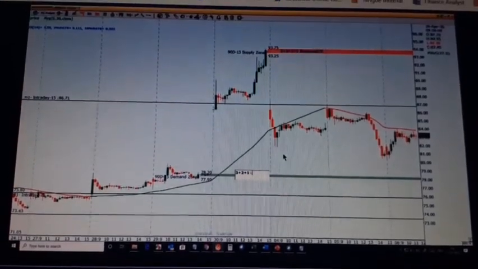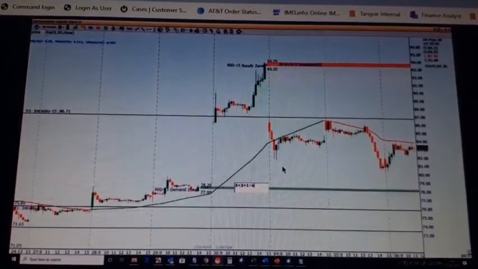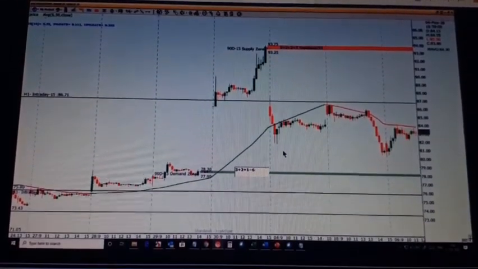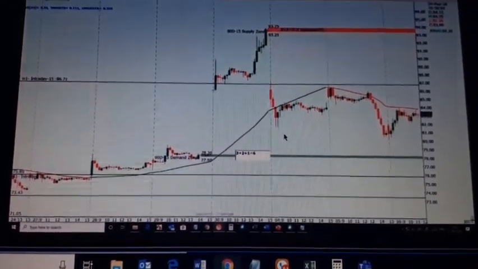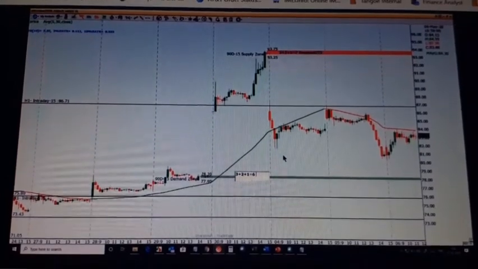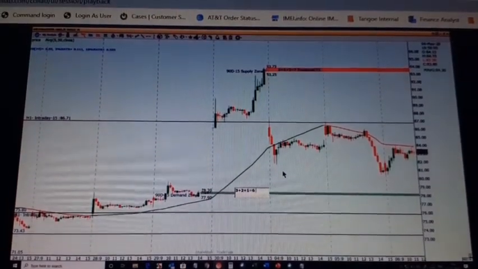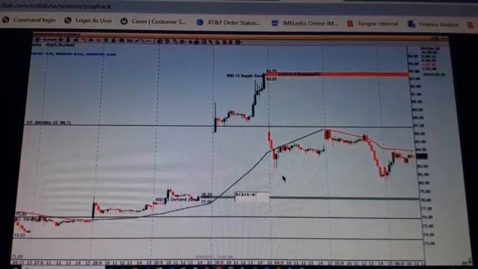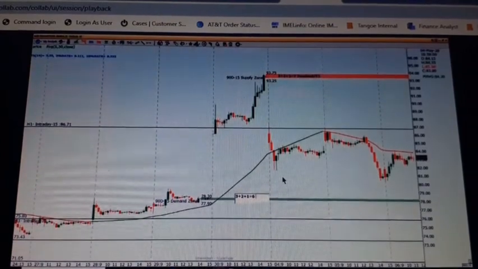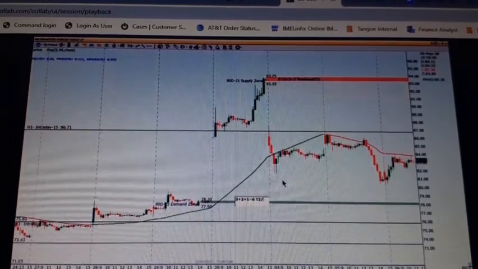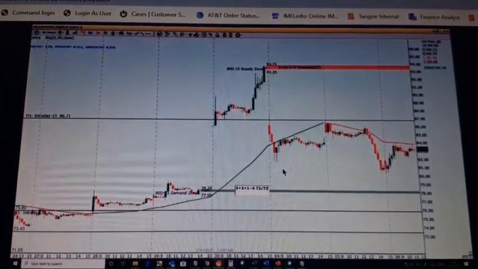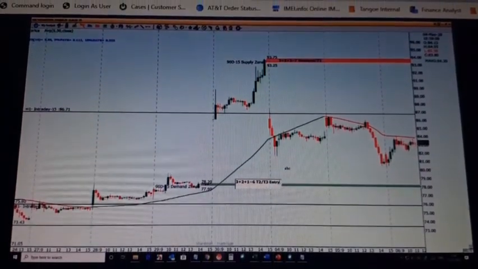So the score will be 6 over here. And what entry type will we be taking over here? Type 2 or type 3, not type 1. Type 2 or T2 or T3 entry. That is zonal or confirmation entry.